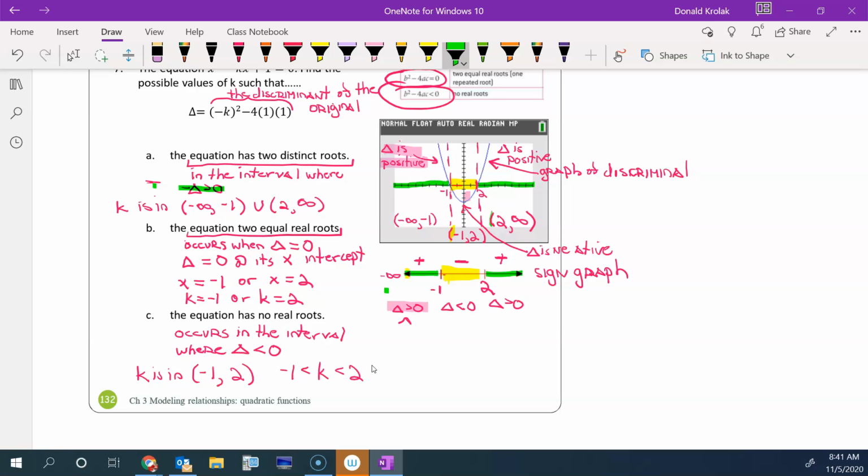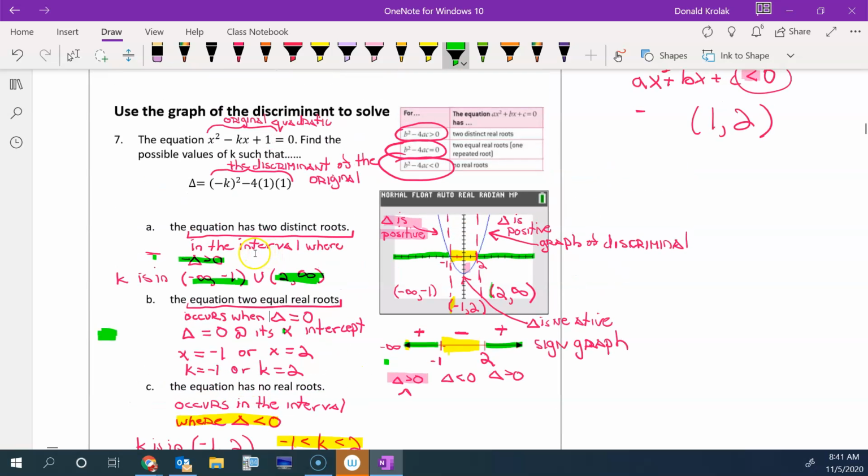Then this one was where you're looking for the x-intercepts. And then this one you're looking for where the discriminant is negative.